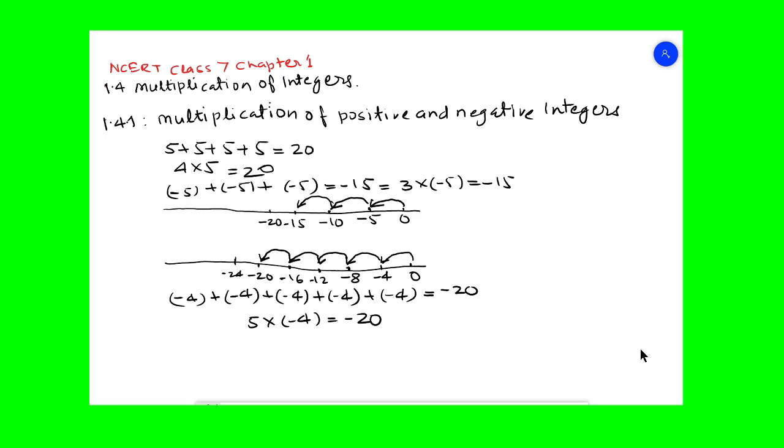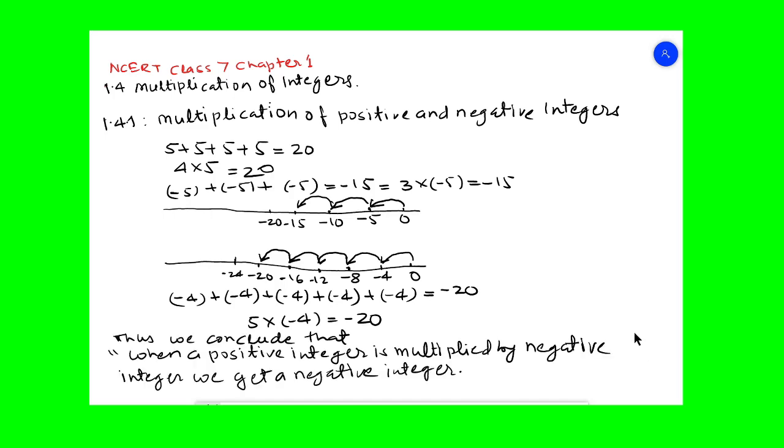Hence 5 is a positive integer and minus 4 is a negative integer, and we find minus 20. So thus we can conclude that when a positive integer is multiplied by a negative integer, we get a negative integer. So we write like this. Thus we conclude that when a positive integer is multiplied by a negative integer, we get a negative integer.